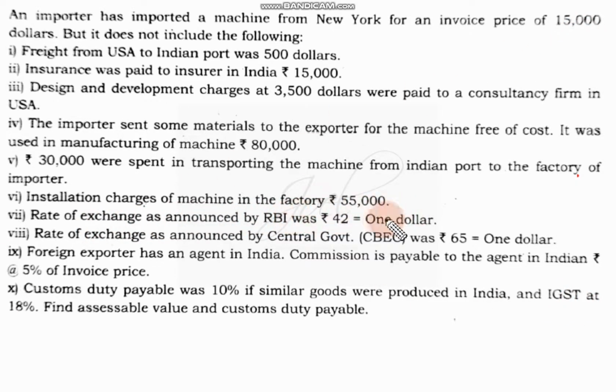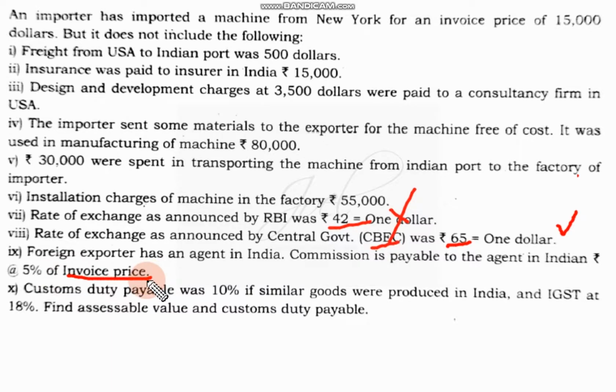Next, other information is there. Rate of exchange announced by RBI is 42 per dollar, rate of exchange announced by CBEC is 65 rupees per dollar. We are not considering the RBI rate, we are considering the CBEC exchange rate. Foreign exporter has an agent in India, commission is payable to the agent, and the commission will be on invoice price.